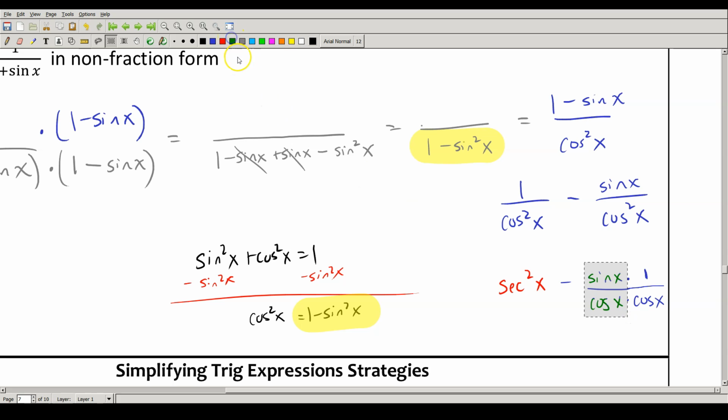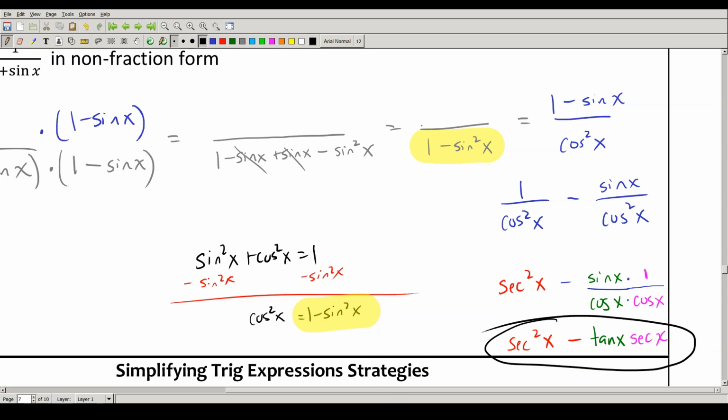I'm going to put this in green. We know that sine x over cosine x, that's tangent, right? This is tangent x. We know that this 1 over cosine x is equal to secant x, right? So I'm going to say times secant x there. That's what that becomes. I'm going to bring down this secant squared x minus there, and this is what this becomes. Okay?